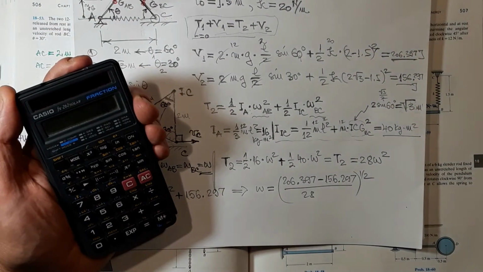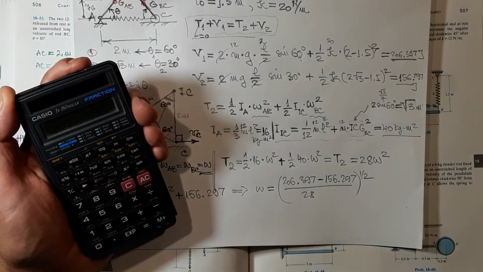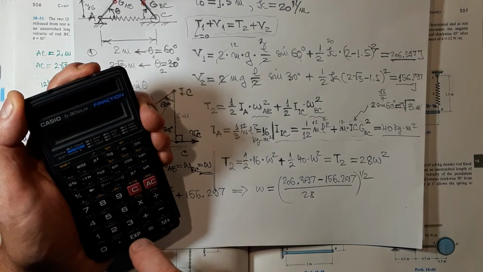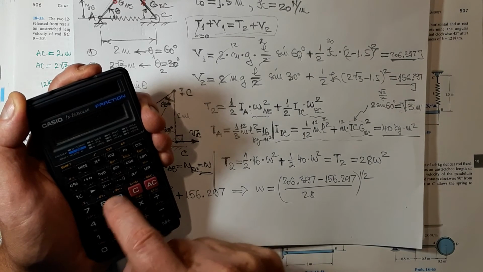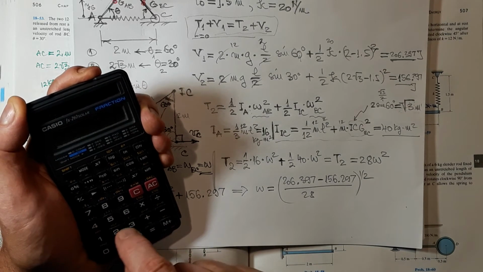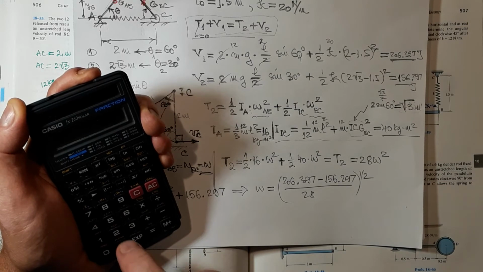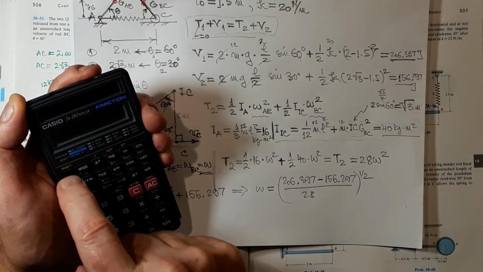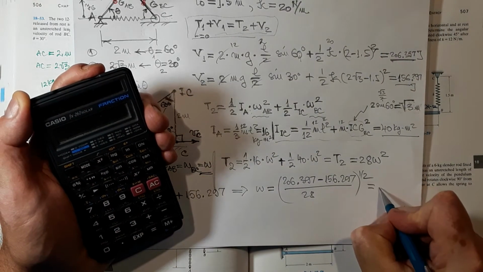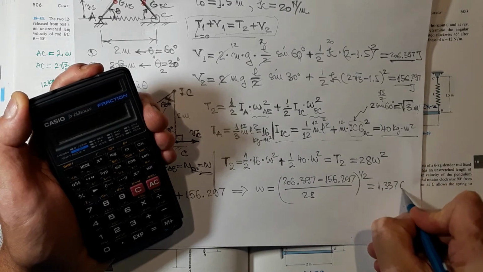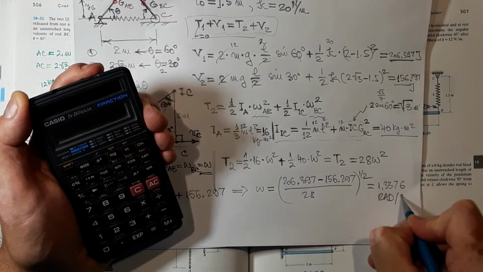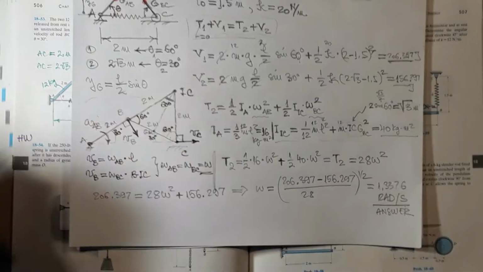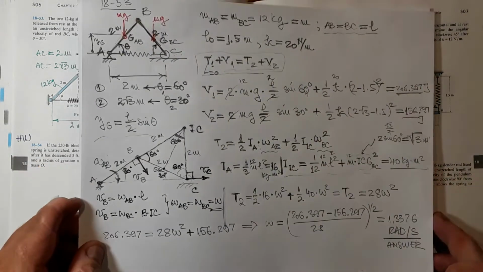Okay, so I have 1 over 28 times parenthesis 206.397 minus 156.297 close parenthesis equals, and I take the square root. So omega is 1.3376 radians per second, and this is the answer. Okay, so this was the instant center approach.